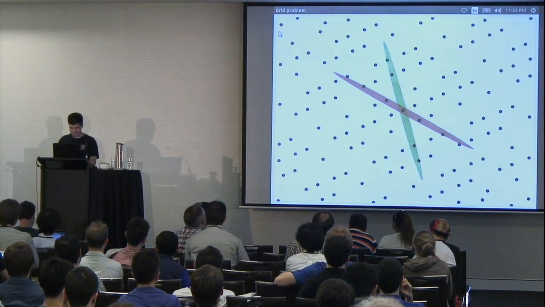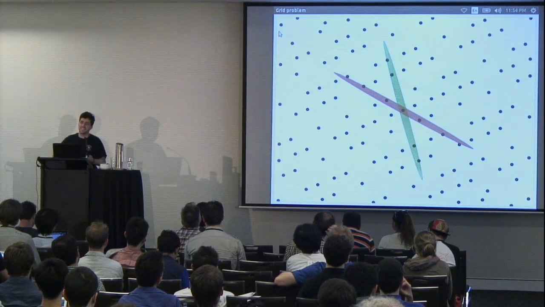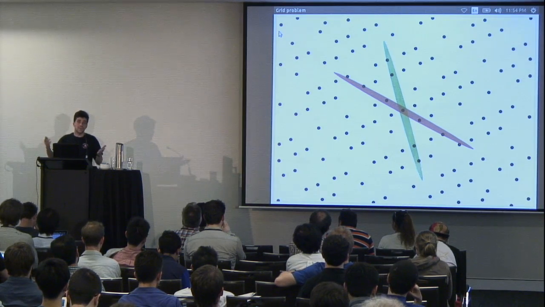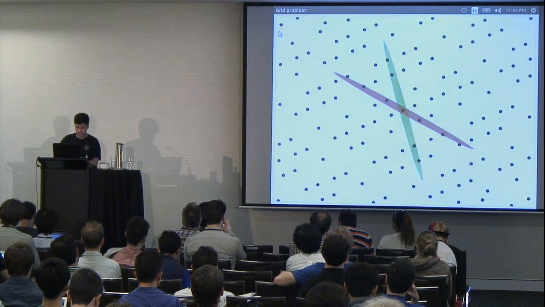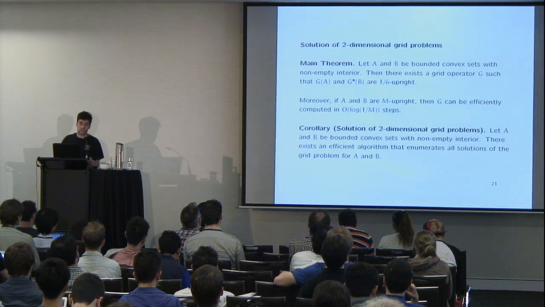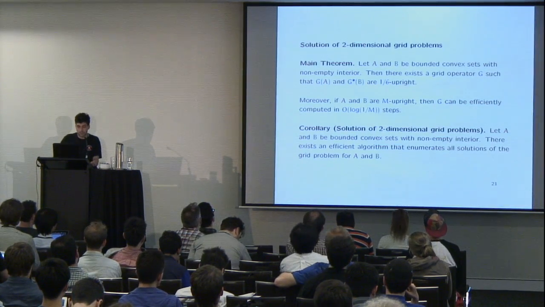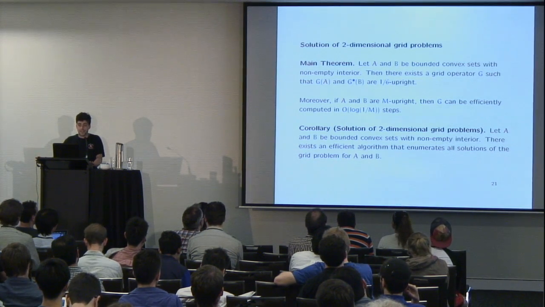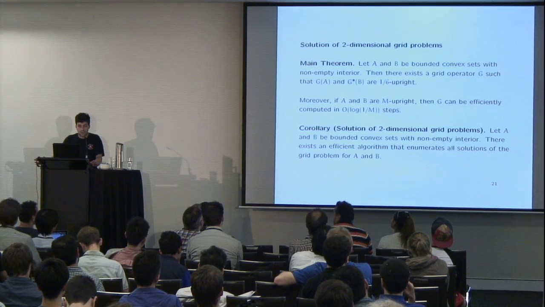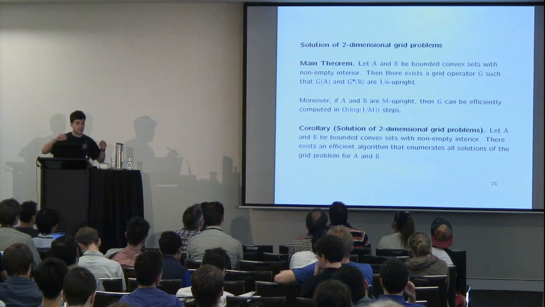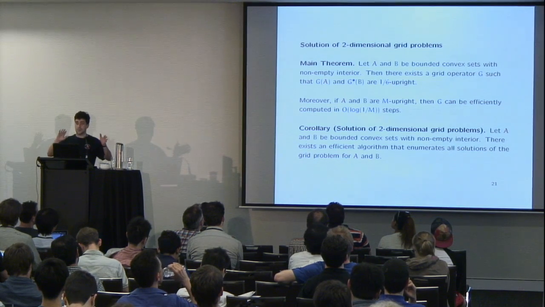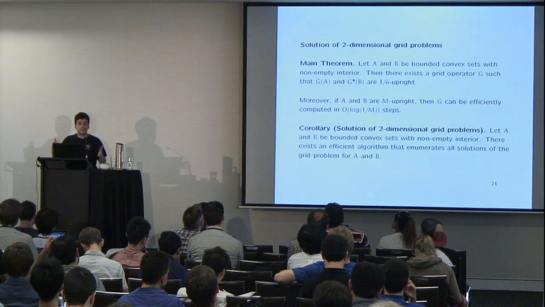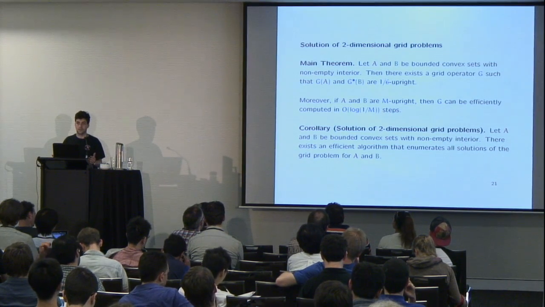All right. So okay, what happened is we played around with the game and we convinced ourselves that it was probably possible, and then remained to find a proof that this is actually the case, which eventually we did, although it's a little bit painful, but you can prove that given 2 convex sets A and B with non-empty interior, then there is a grid operator that's going to make them both 1/6 upright, and you can efficiently find this grid operator, okay?